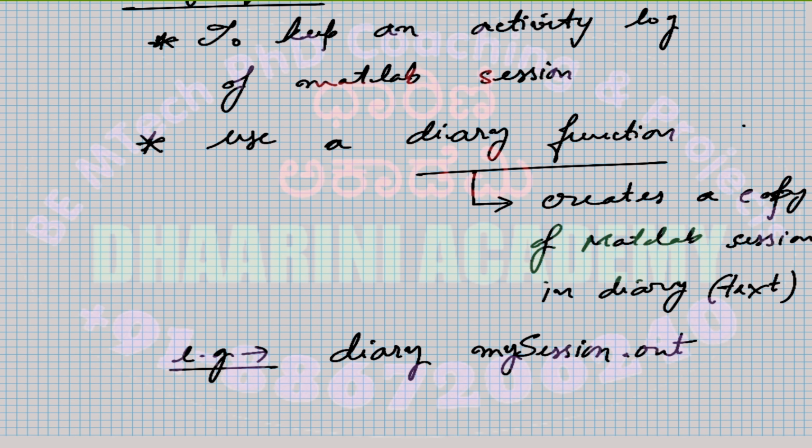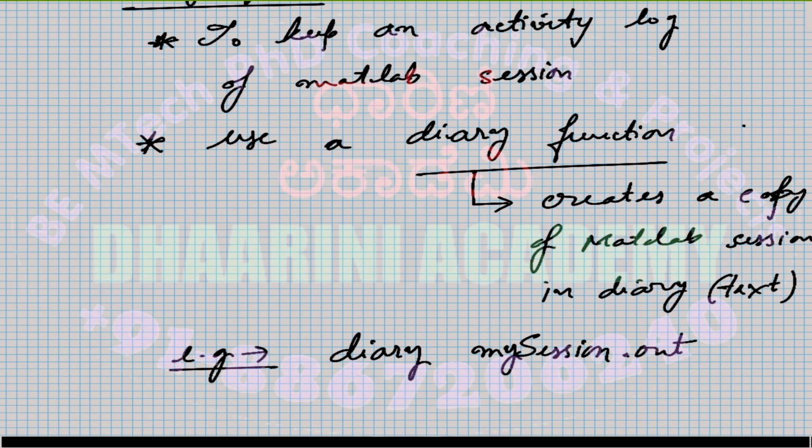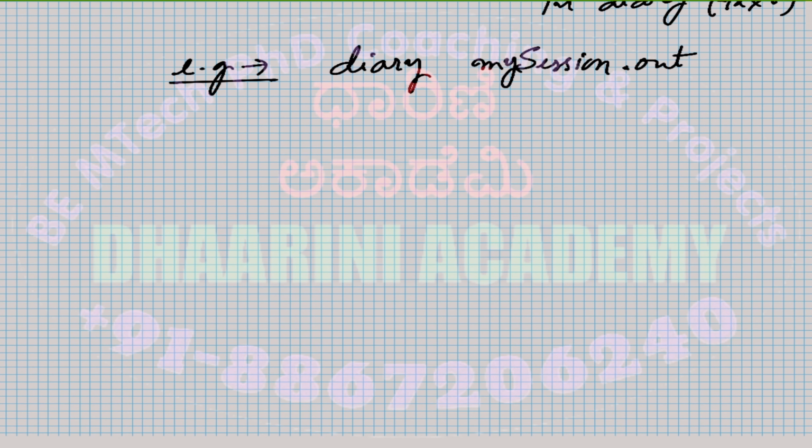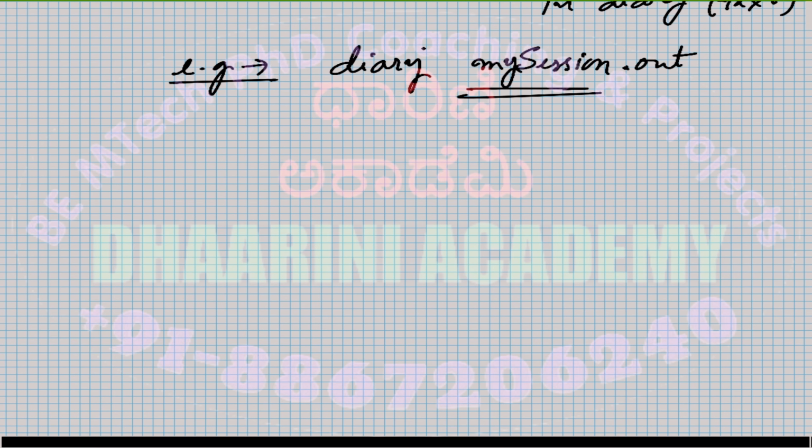It creates a file with the name mysession. Then you keep entering the various commands on the command window, and it keeps adding every command you made, every function you used there, and creates a copy of that into this file by the name mysession.